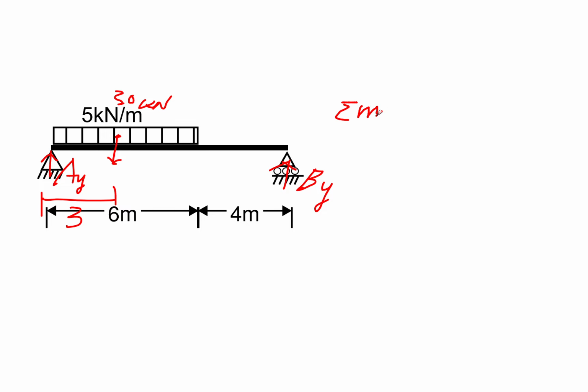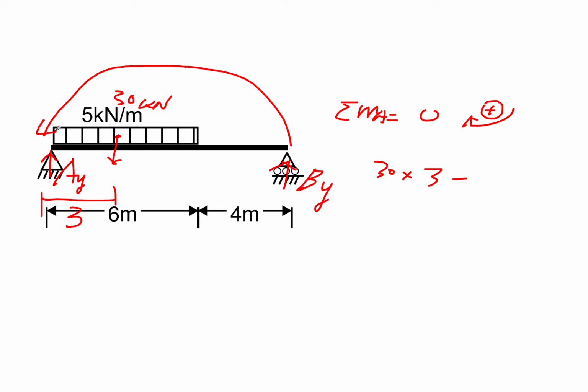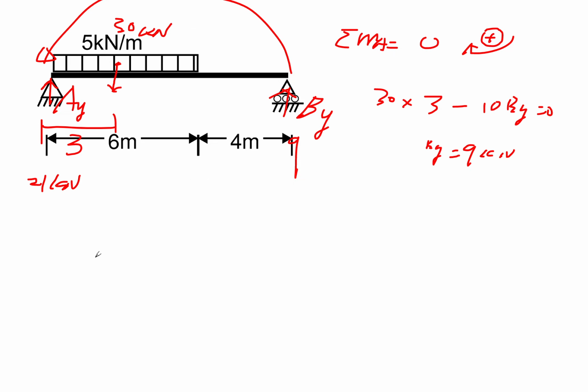So the moment MA at point A is 0. I am assuming clockwise as positive moment. That gives 30 times 3 minus BY, rotating to A, with a lever arm of 10, minus 10 BY is 0. That gives you BY is 9 kilonewtons, and respectively your AY is 21 kilonewtons.